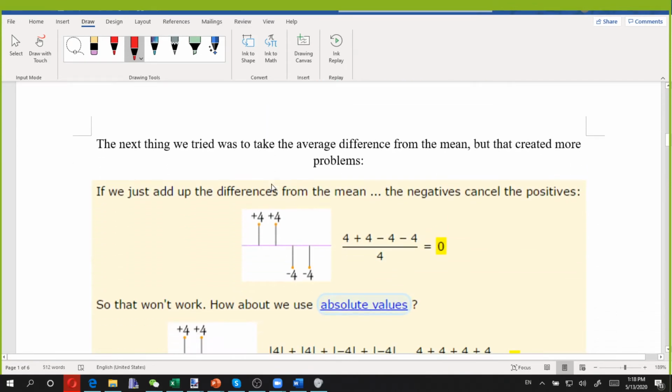So our standard deviation tries to solve a problem of creating a number that tells us how much change there is in a distribution. So originally we tried to just add up differences from the mean. So if this is your average and we've got units that are 4 units above average and units that are 4 units below average, we can add them all together. Unfortunately, our negatives will cancel out our positives. We'll end up close to 0.